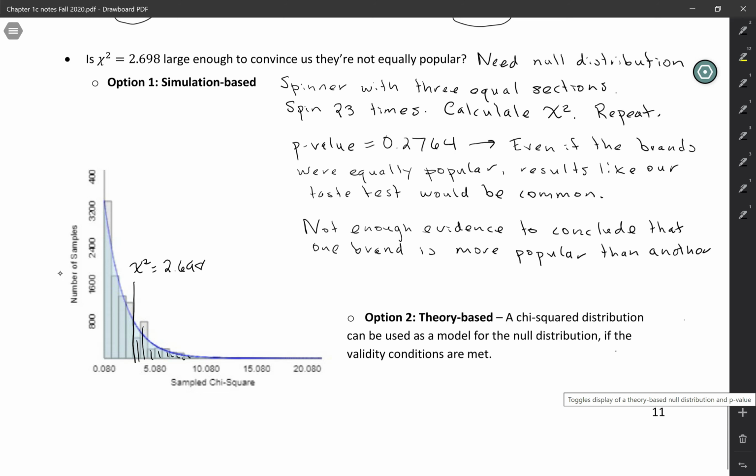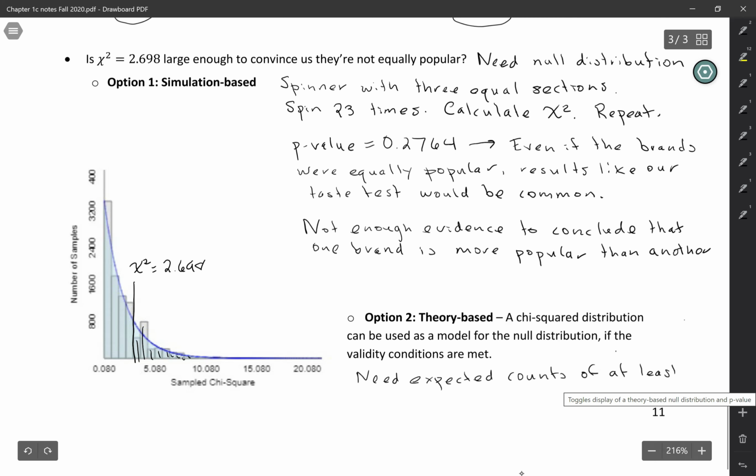So the rule for a chi-squared test, at least the guidelines that our book gives, is that we need expected counts of at least 10 in every category. And our expected counts in this case were smaller than that. They were only 7.67, so they were less than 10, which means no, our validity conditions are not met here.